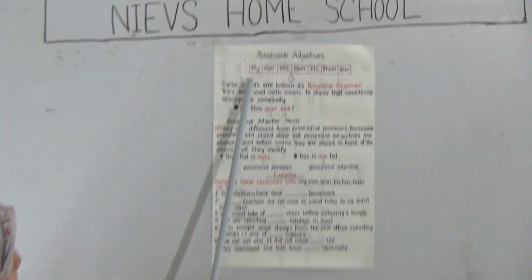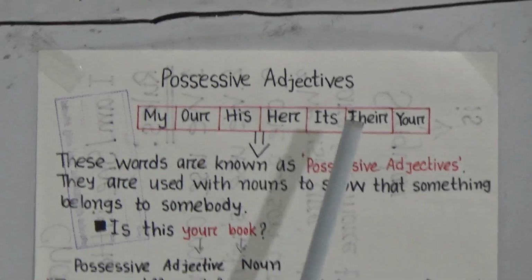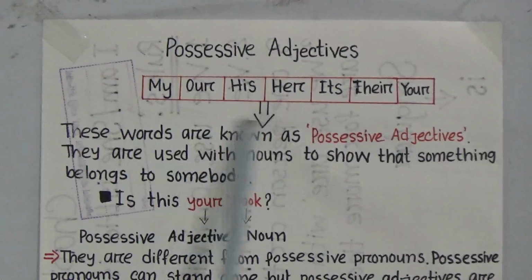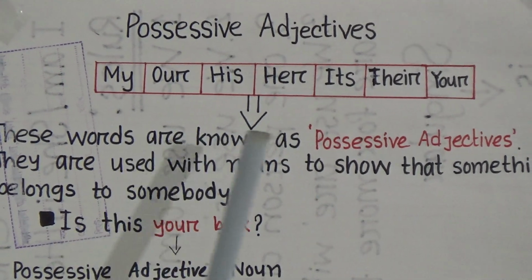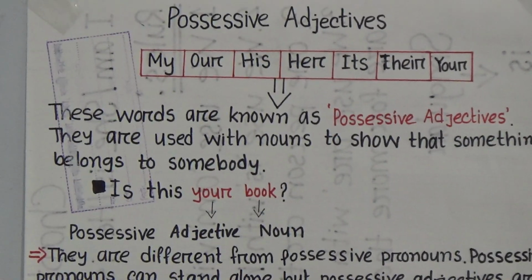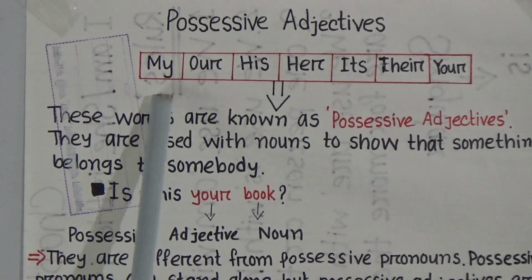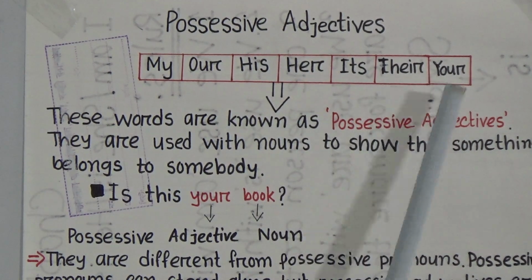I've said mine, our, his, her, its, their, your. These are called possessive adjectives. So, if I ask you which are possessive adjectives, you have to answer mine, our, his, her, its, their, your.